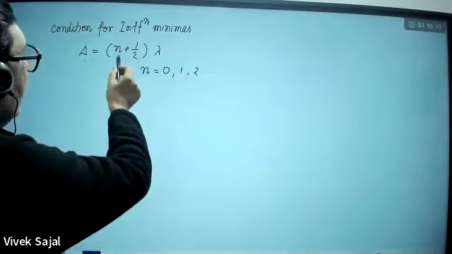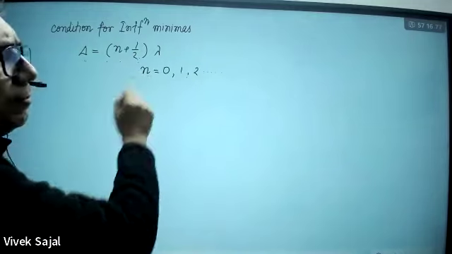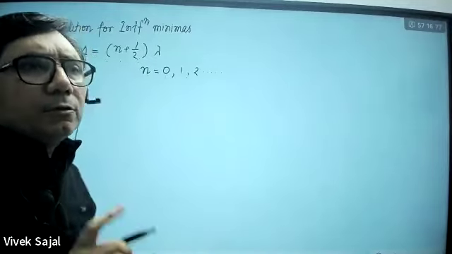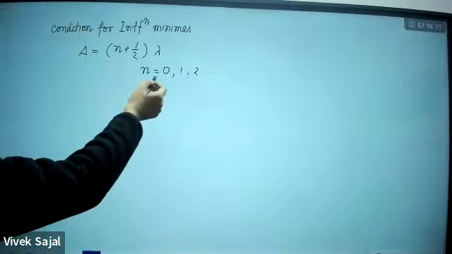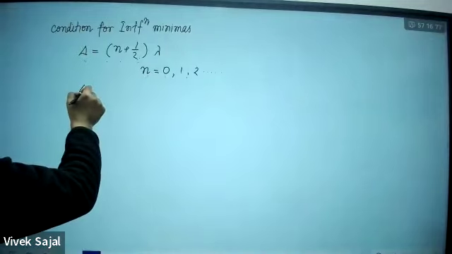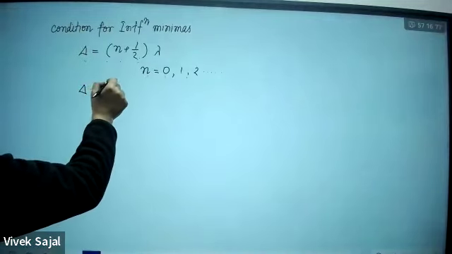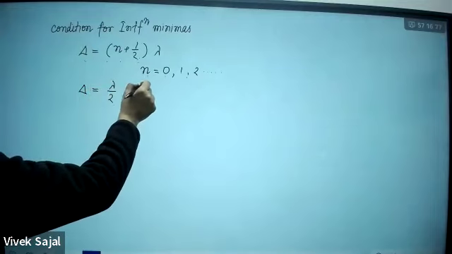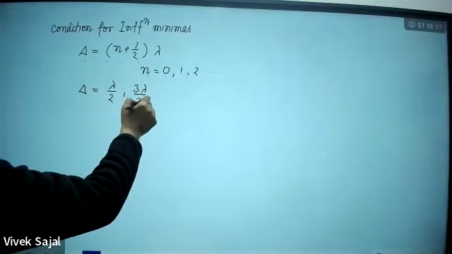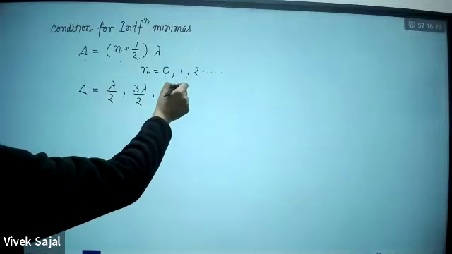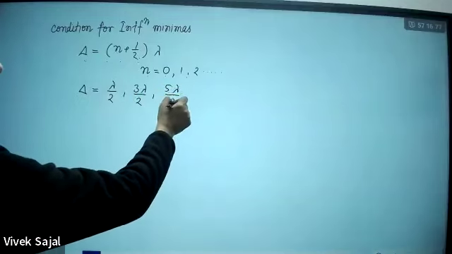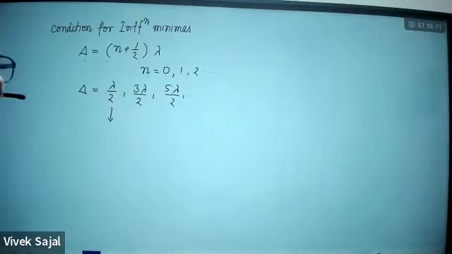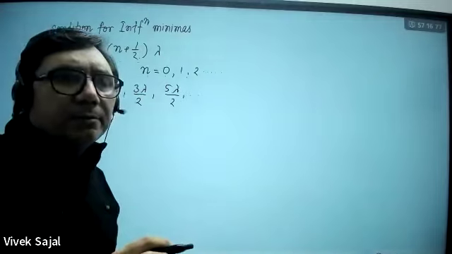So remember this, you are saying n equal to 0, but this is not 0th order minima. It doesn't matter what formula you are using. What matters is you are getting first minima here, second minima for the path difference 3 lambda by 2. So whatever formula you want to write, you can, but first minima you will get where path difference is lambda by 2.